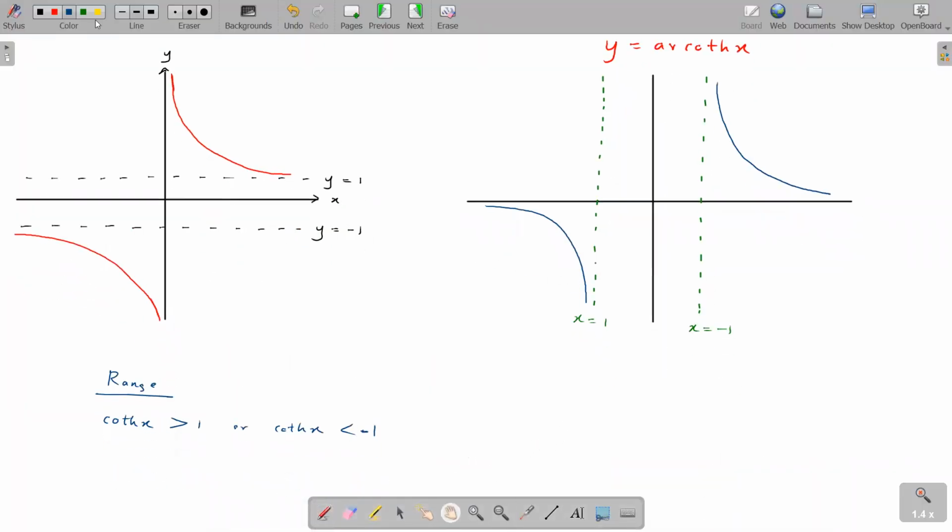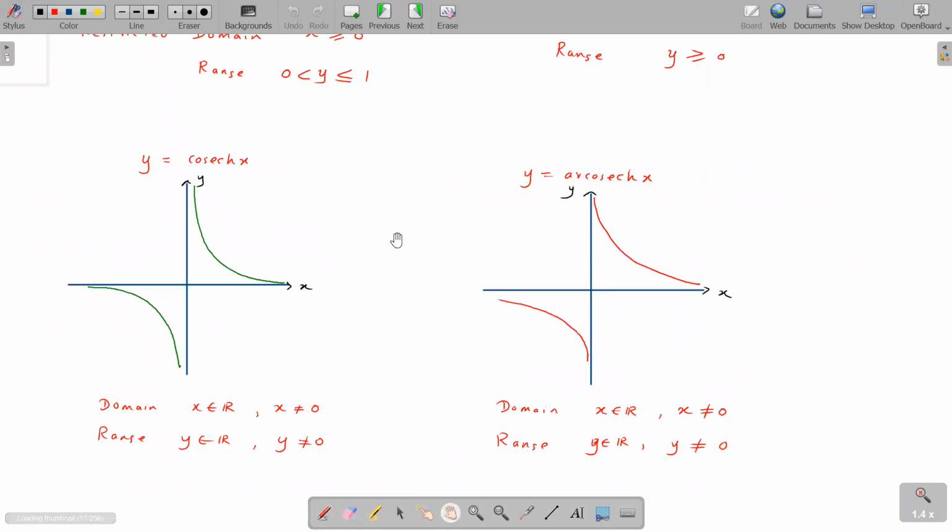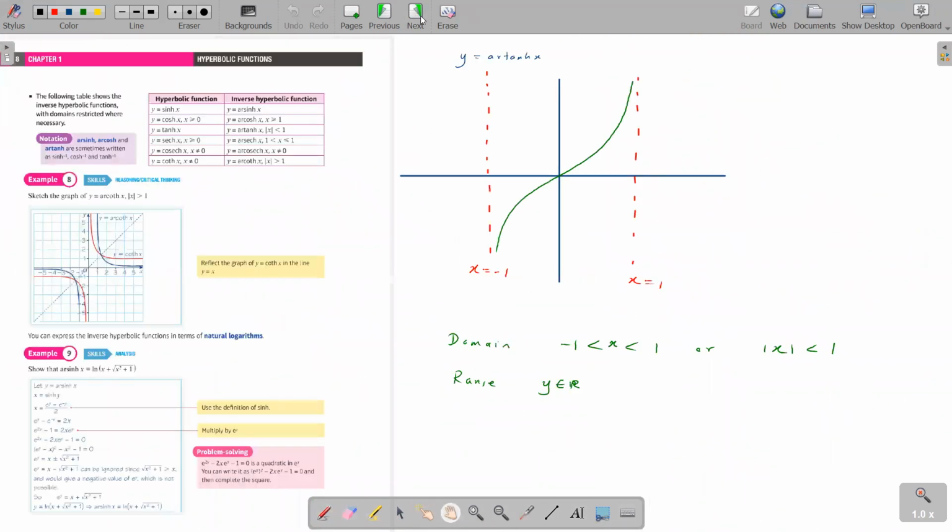We'll now discuss the domain and the range. What do you have for the domain? You can clearly see that the x values are greater than +1 or smaller than -1, right, guys? Are you with me? In R cortex, they have given the domain as modulus x is greater than 1.